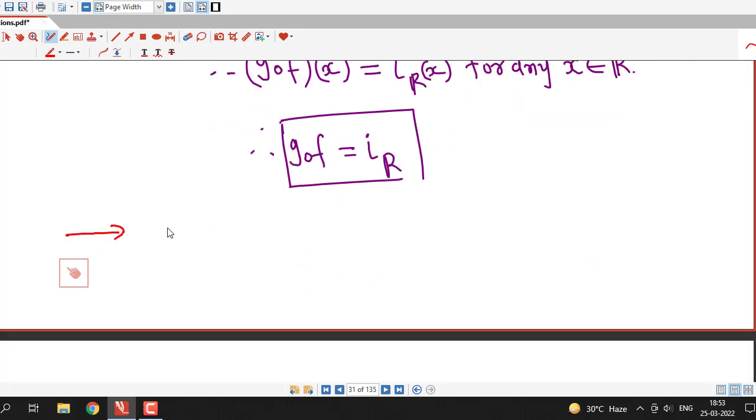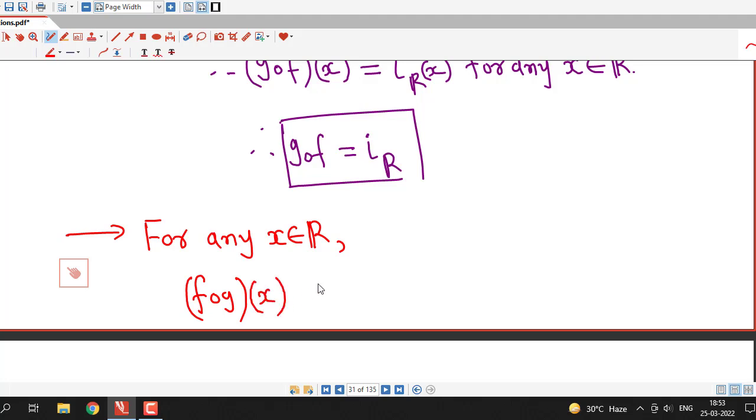So now again, for any x in the domain of fog, we try to find fog at this point x. This is going to be f of g(x) by the definition of composition.